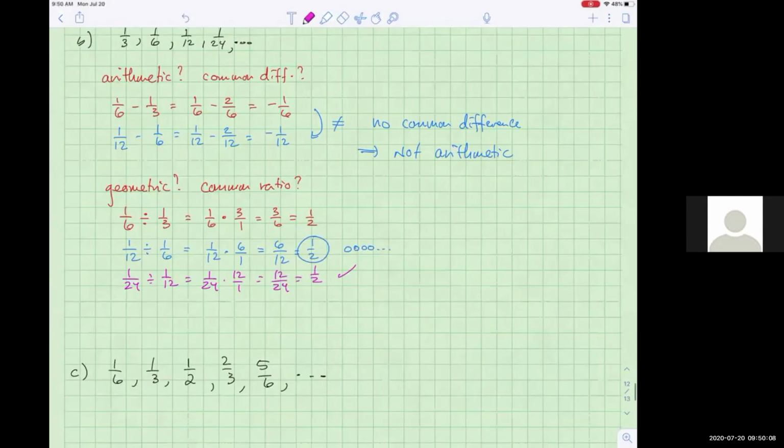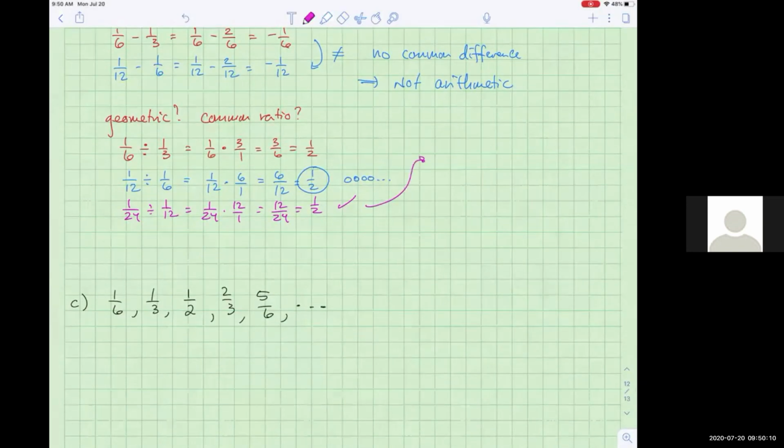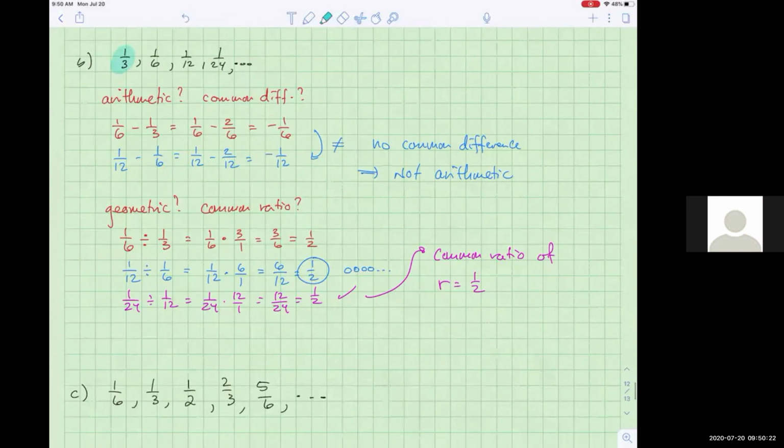Common ratio of r equals 1/2. So what do we know? Well, our first term is 1/3, and our common ratio is 1/2. This is a geometric sequence.